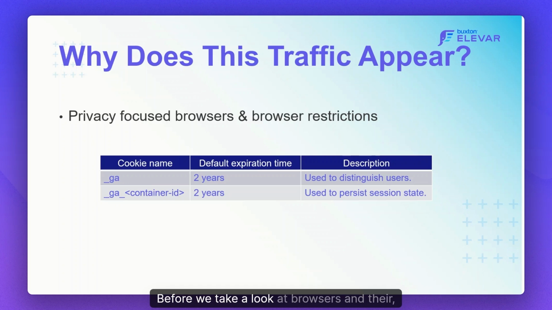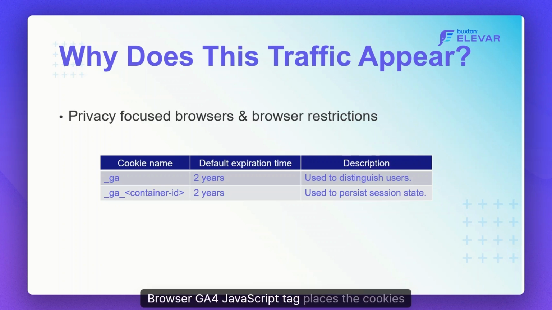Before we take a look at browsers and their restrictions, I would like to freshen up your memory about how GA4 tracks users. When someone visits the site first time where GA4 has been integrated, GA4 JavaScript tags place cookies on website visitors' browser.